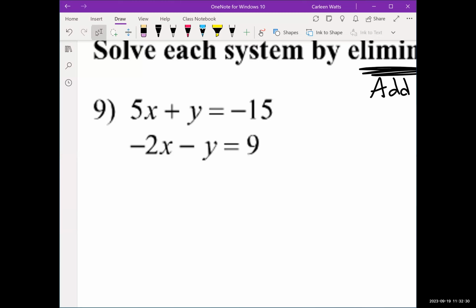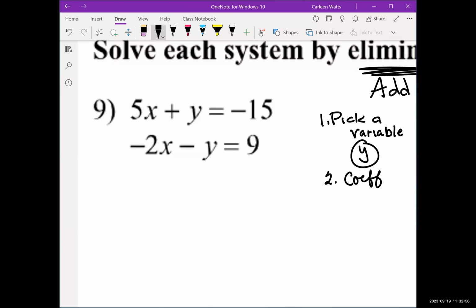Don't pick the X. So we're going to pick a variable. So I'm picking the Y. Now this one, you're like, what? Of course the Y.